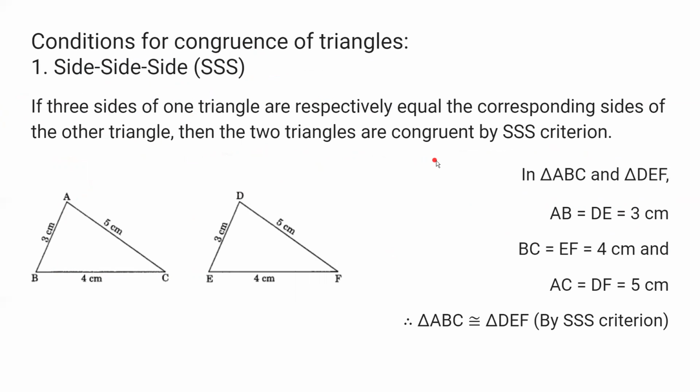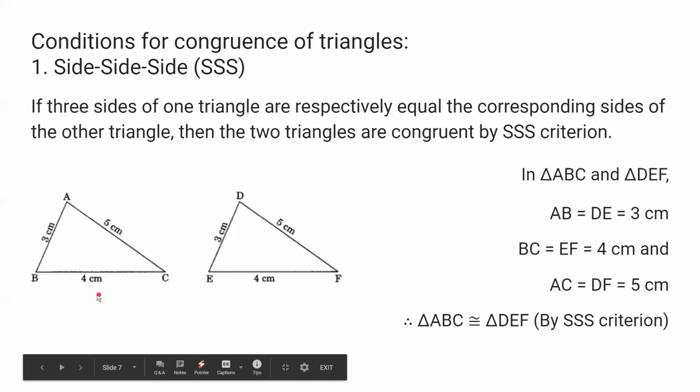By reading the name side, side, side, we understand that we are only going to measure the respectively equal corresponding sides of one triangle to the other triangle. Here we have line segment AB, which is 3 centimeters, DE of 3 centimeters, BC of 4 centimeters, EF of 4 centimeters.